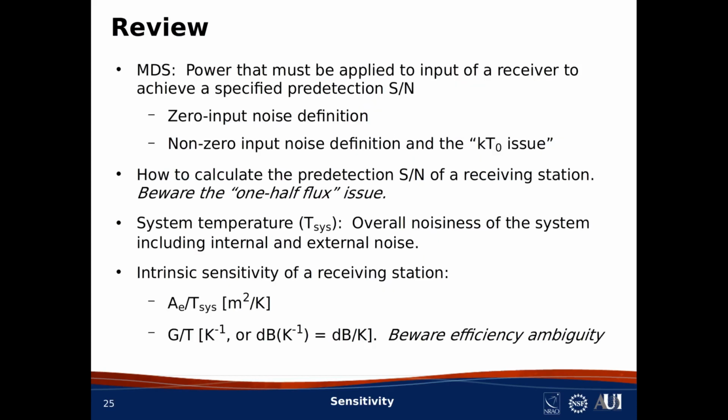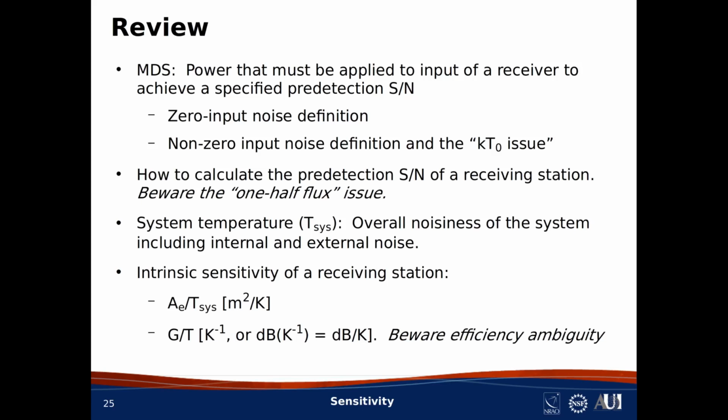Okay, let's wrap up with a review. First, we talked about MDS, which is the power that must be applied to the input of a receiver in order to achieve a specified pre-detection signal-to-noise ratio. We obtained two definitions of MDS. One is based on zero input noise.